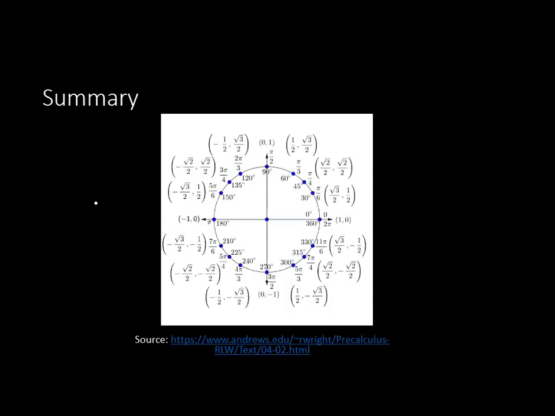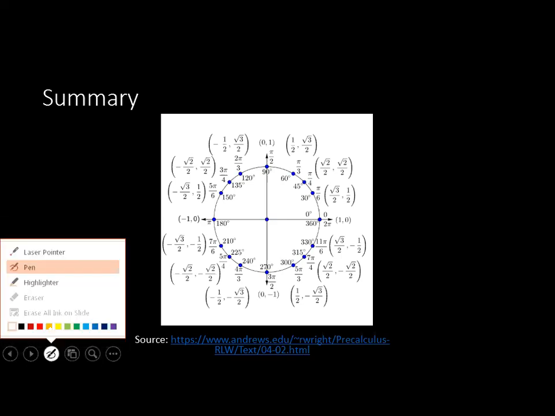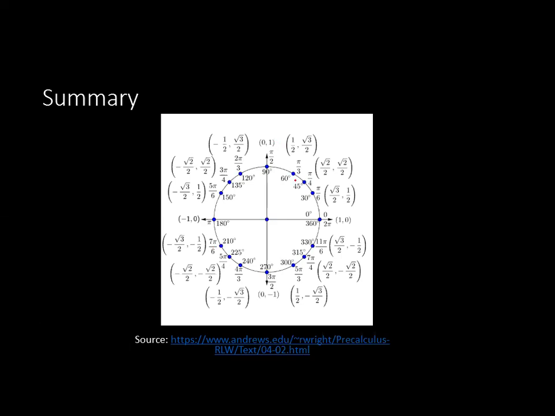Okay, so now that you took a break, let's talk about the summary. The summary looked like this. This picture is actually from this source or this link. So here, this is the unit circle.